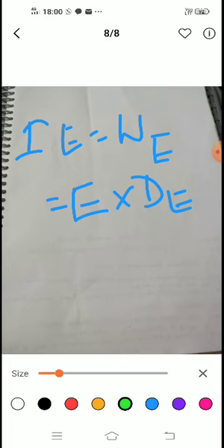Next is output energy. Output energy is nothing but work done by your load: load into the distance moved, the displacement of your load. So this is your input energy and output energy.